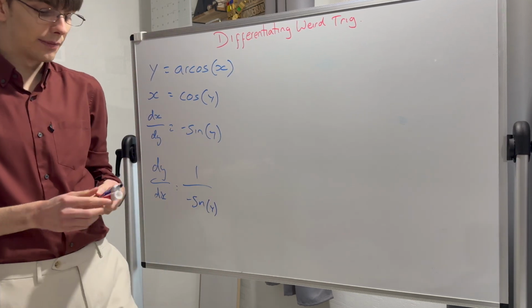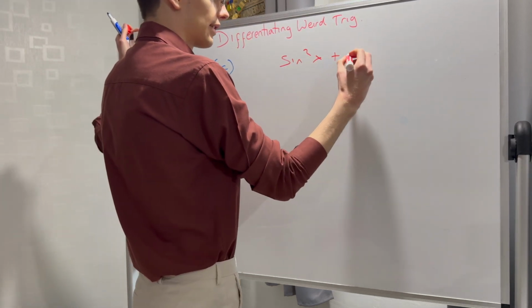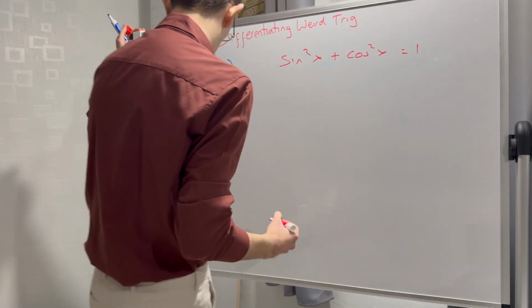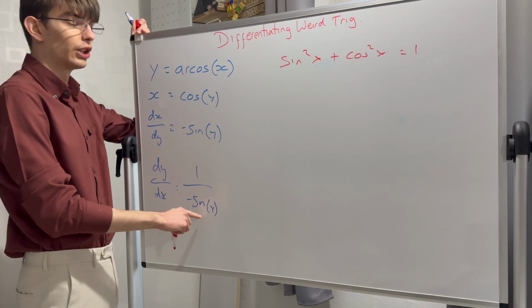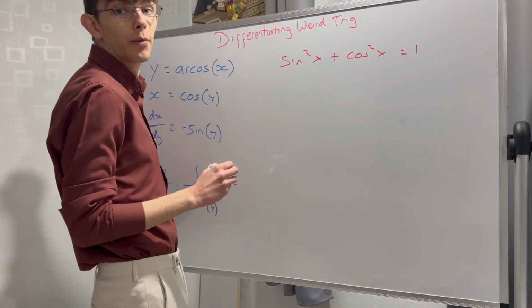Now, exactly the same method as before, I'm going to want to use the fact that sine squared x plus cos squared x is equal to 1, and I'm going to want to rearrange this for sine, which for some reason I was incapable of doing earlier.